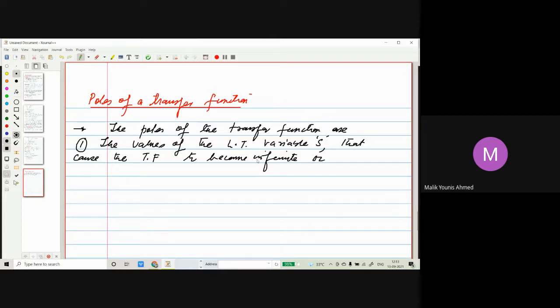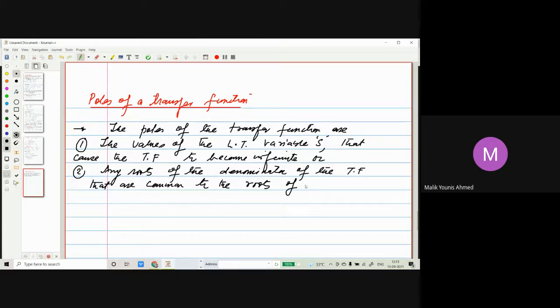Or, number two, part of the definition is: any roots of the denominator of the transfer function that are common to the roots of the numerator. So what is the meaning of this?